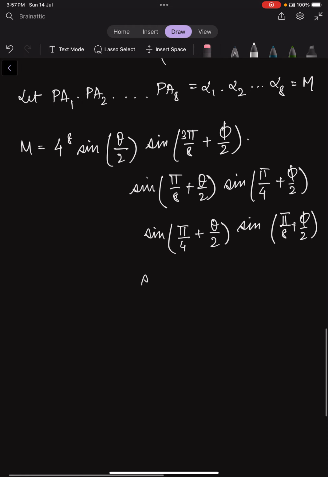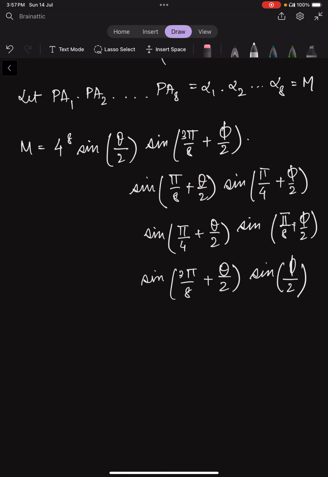We have sine 3 pi by 8 plus theta by 2 and finally sine 5 by 2. So I hope I have not made any mistakes and I have all the terms which are relevant for this problem.